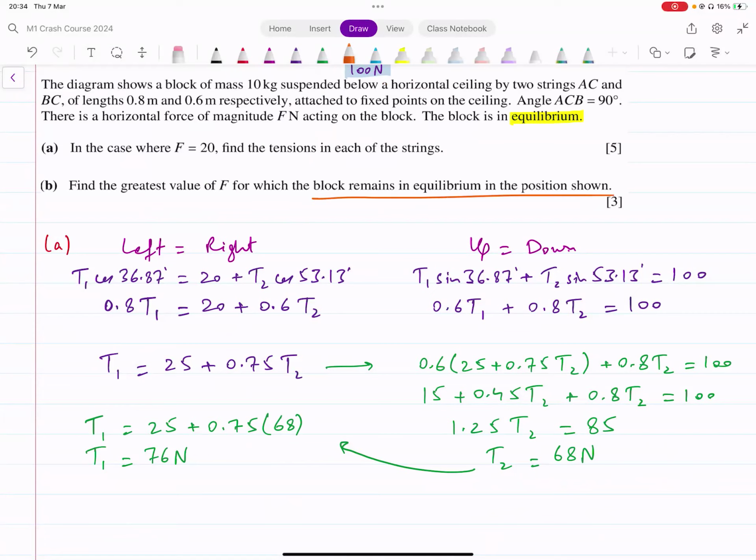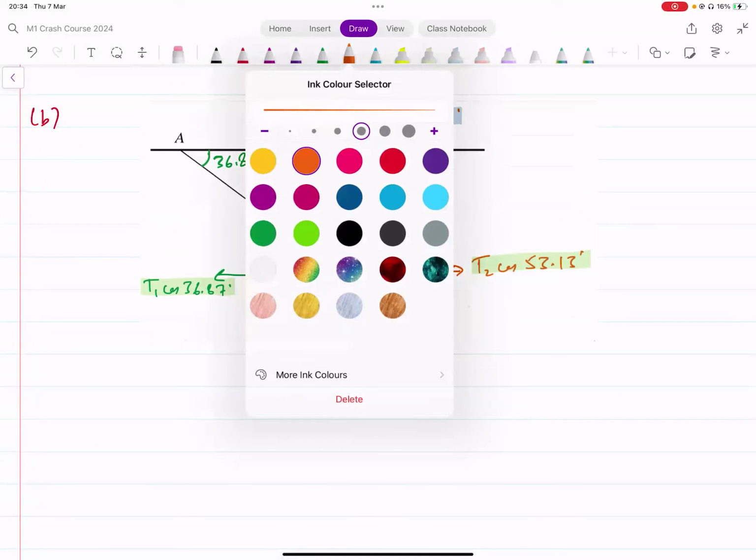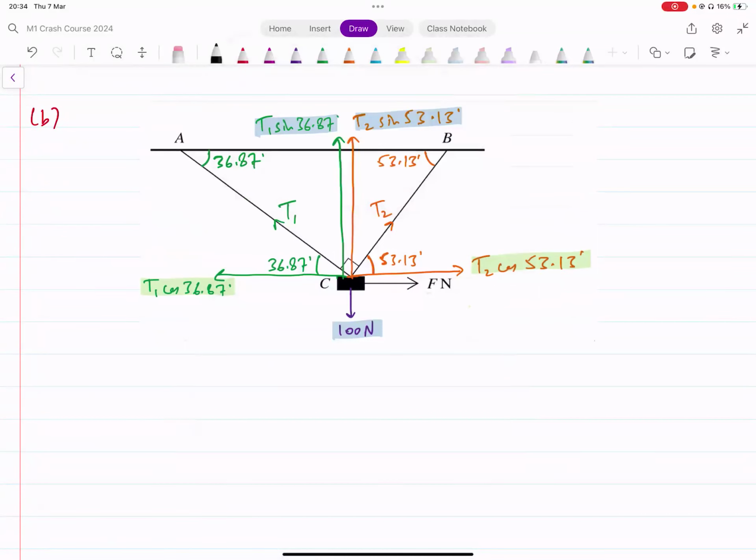Now let's think about this for a moment. What does it mean? The block will remain in equilibrium in this position. You have this force F acting towards the right side. Now, if I were to increase this force by a lot, let's say 1000 Newton towards the right side, that's a very big force compared to the weight that we have here.